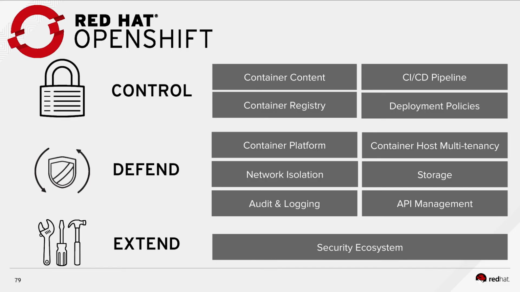We also bake security in, everything from giving you the ability to create a secure CI/CD pipeline, to a secure container registry, to baking security into your application and application pipeline, and into your infrastructure and the OpenShift platform itself, with tools like network isolation and audit.